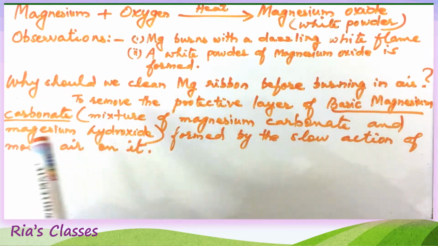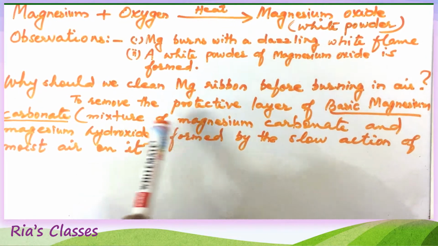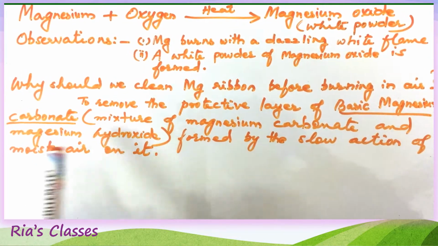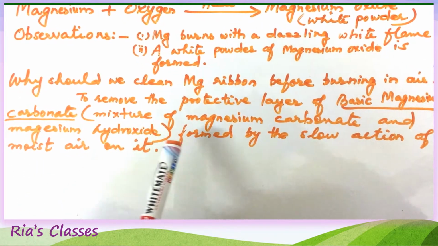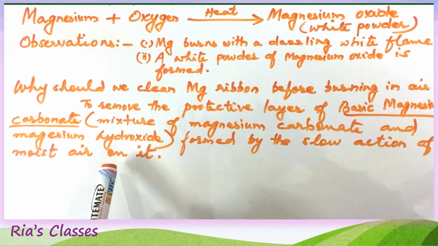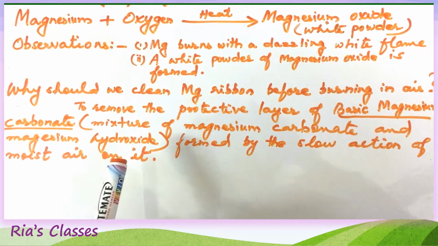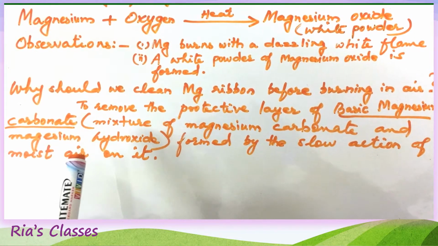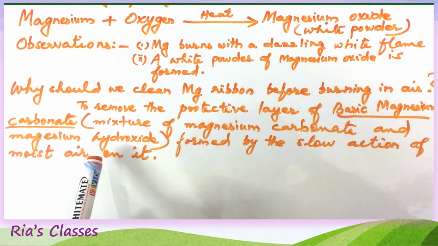What is this basic magnesium carbonate? It is a mixture of magnesium carbonate and magnesium hydroxide, formed by the slow action of moist air on it. We have to remove that layer so that magnesium will readily combine with oxygen.